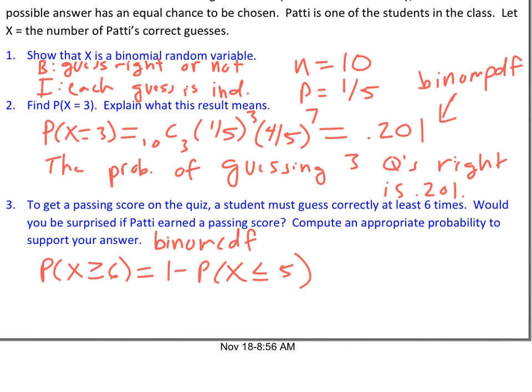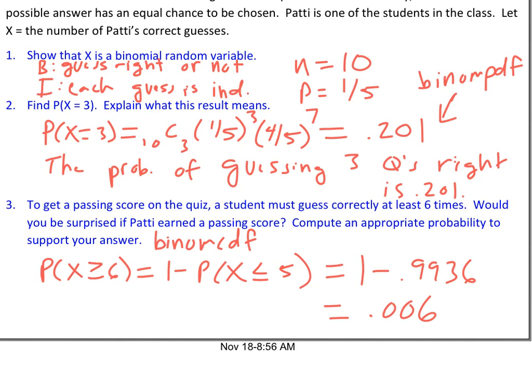I'm looking for the odds that we pass if we're guessing. The calculator can get the odds that we fail, which is fine because they're complements. I just have to subtract it from 1. 0.9936 is the number the calculator will spit back to us. Subtract it from 1: 0.006.